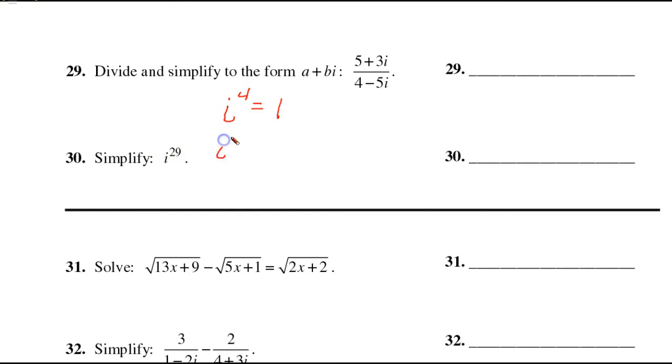Well, we have I to the fourth to the 7th, and 4 times 7 is 28. So this is I to the 28th right here, which is going to be a 1, because 1 to the 7th is 1, and you have one I left over. So for number 30, the answer is I.